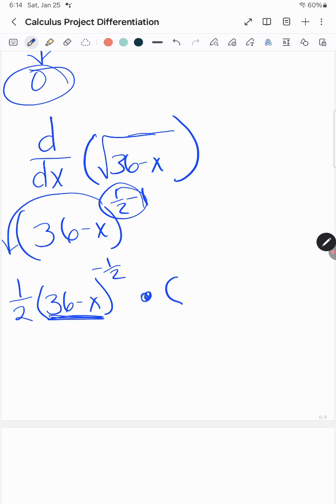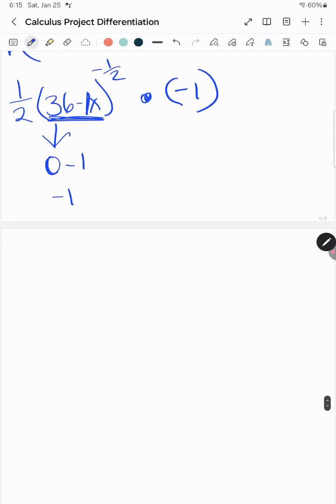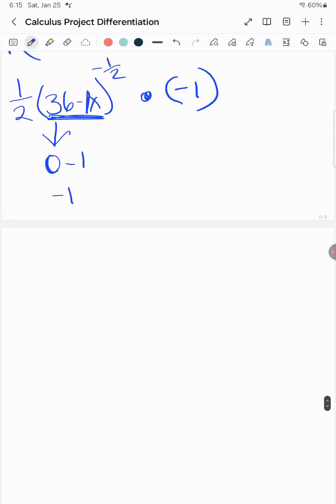So 36 minus x. 36 is our constant, so the derivative of that is 0. And then our leading coefficient for the x is going to be negative 1. So 0 minus 1 is equal to negative 1. So we're going to multiply this whole thing by negative 1, which means that we're simply going to change the sign on the remainder. So we have negative 1/2 times 36 minus x raised to the negative 1/2.